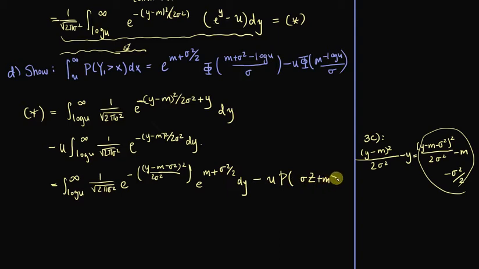So the probability that that is greater than log u. And the reason why I say that is because if you have something that is standard normally distributed, and multiplied by sigma and translated by m, then you get something that is normally distributed with mean m and variance sigma squared.